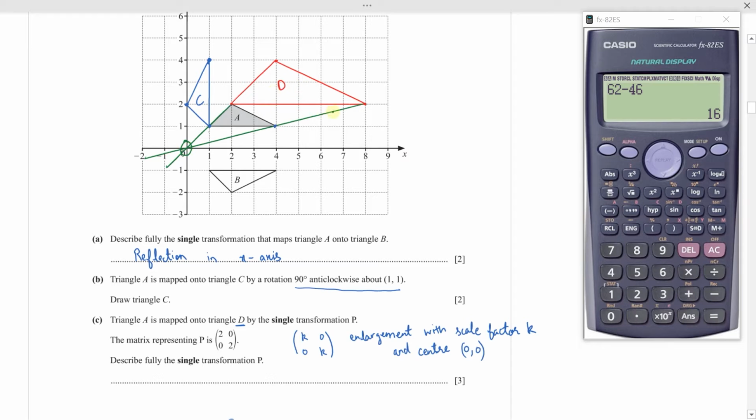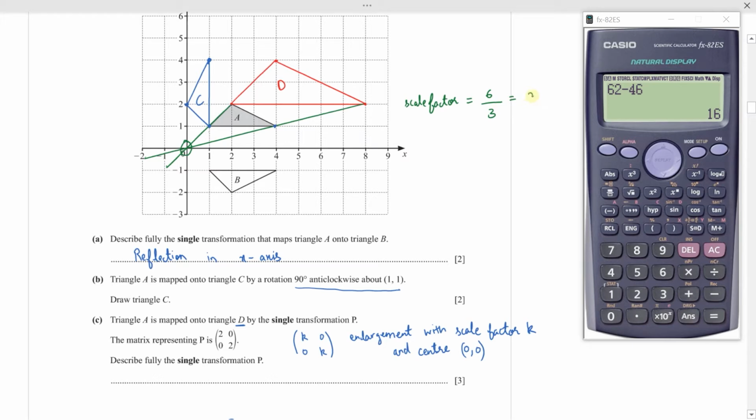And then to find the scale factor, I can take this length of D, which is 1, 2, 3, 4, 5, 6 units. So scale factor will be image over object. The length of this image is 6, divided by the same length in the object, triangle A, which is 3.